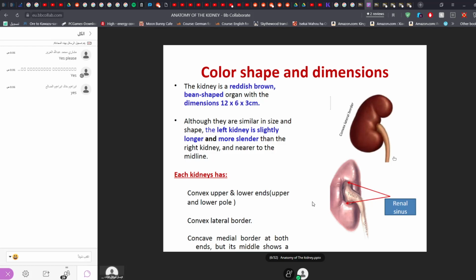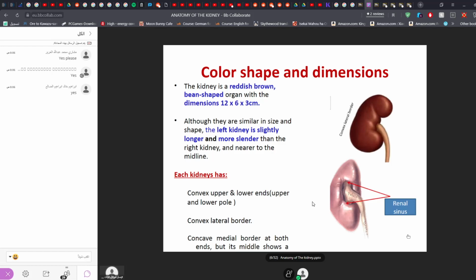If you see this medial border, it shows a depression. Can you see? We call it the hilum.